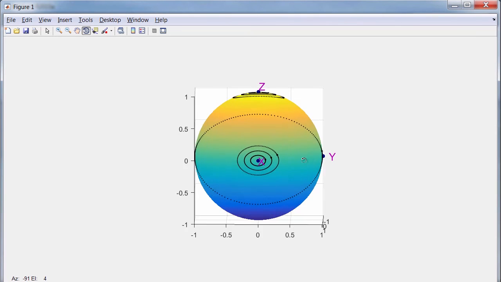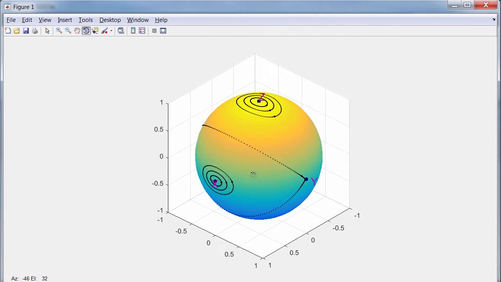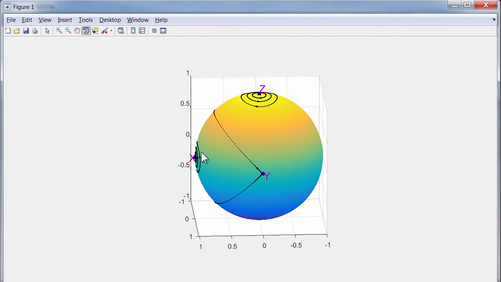That turns out to be a circle, actually, an orbit around x. If we come up a little above y, we get an orbit around z. Go down a little below y, we get an orbit around minus z.